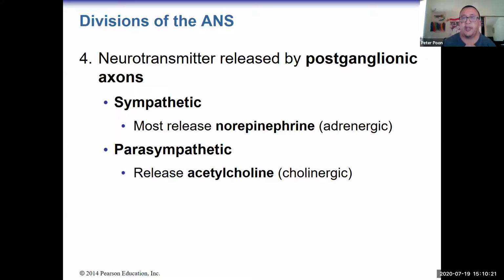So here's the situation. You guys probably know if I inject norepinephrine into the heart, your heart will beat faster. If I inject acetylcholine, your heart will beat slower. And you guys are right. Now, here's the question. What will happen if I inject you with both at the same time, in the same place?